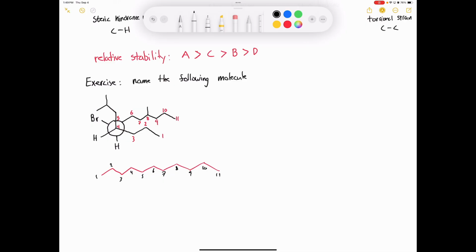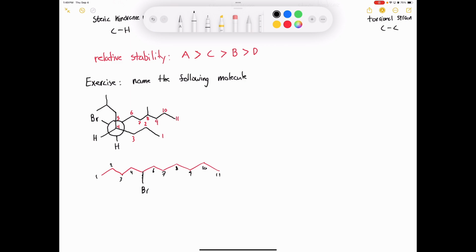I heard bromine on 4. No, close though. It's actually the other carbon. Bromine is attached to the back circle. What carbon is that? That's 5. So let's draw bromine right here. Sorry. And at the 4 position, there's what?